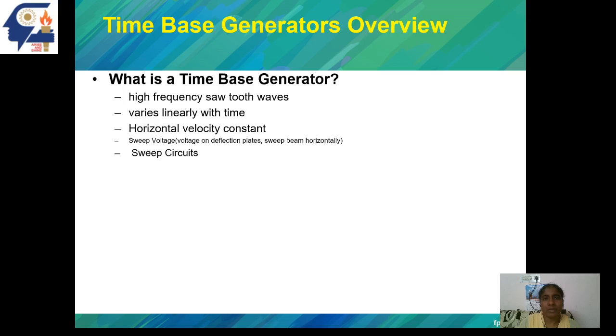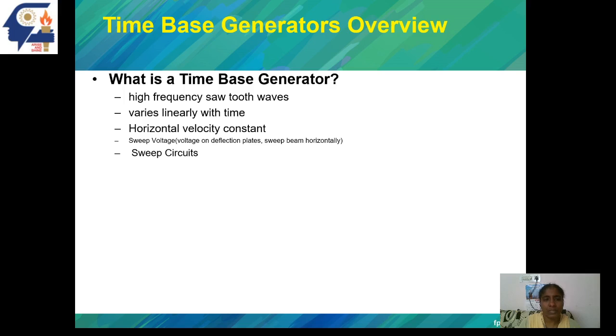For example, when we apply a voltage signal on the deflection plates in a CRO, a beam will be scanned on the screen from one end to the other end, and it will produce an output waveform that is called a time-base waveform. The beam will be swept horizontally on the screen from one end to the other end.